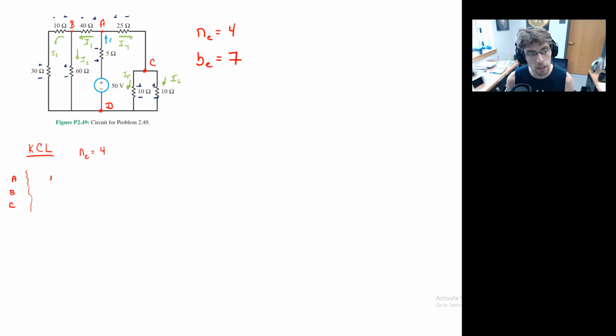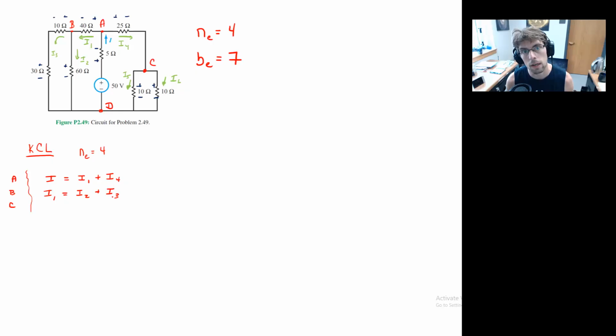So node A, I notice I have I coming in, and I have chosen I1 and I4 to be going out. So there's 1. For the second one, B, I have I1 going in, and I have I2 and I3 going out.